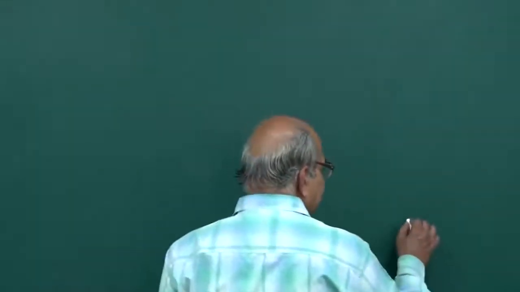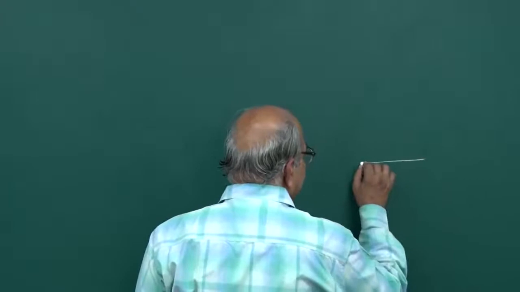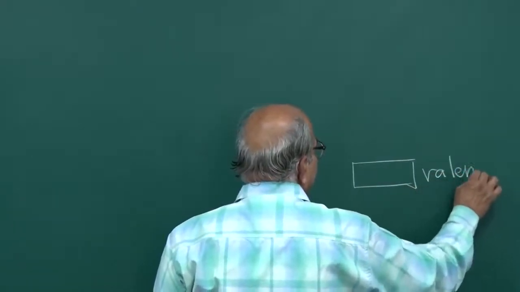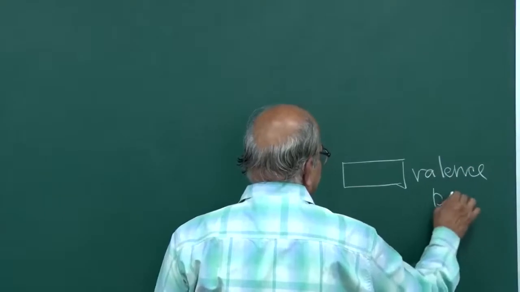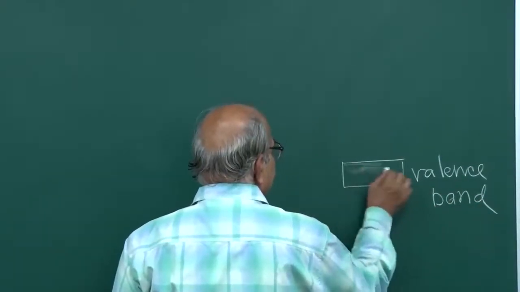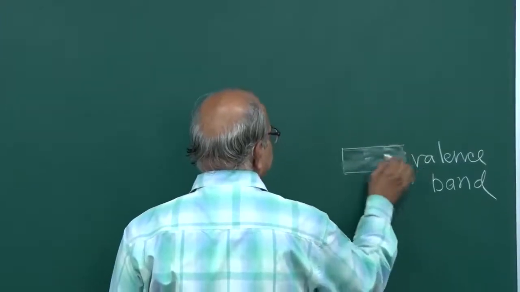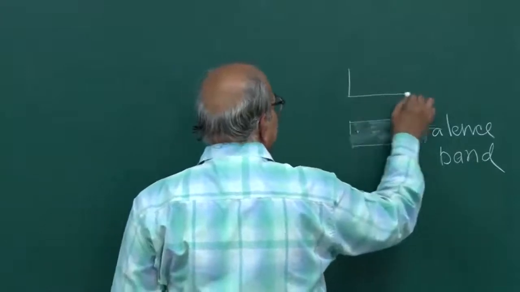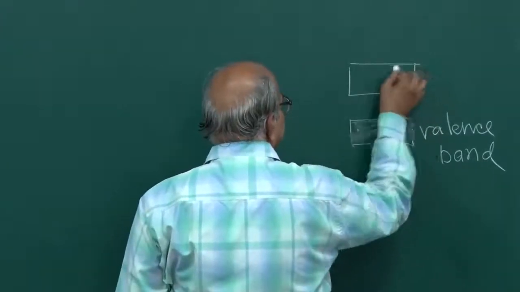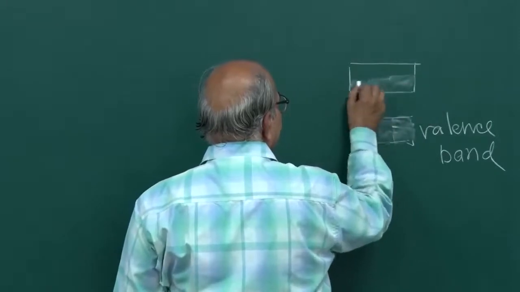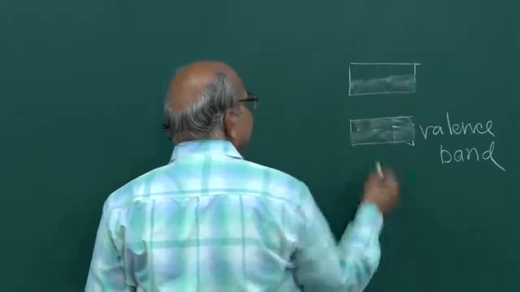So you can have a situation where you have a valence band, and by definition this valence band is completely filled. So this is the valence band, all these states are completely filled. And then you have the conduction band, which is partially filled. So this is one kind of situation, and I remind you, I am talking of low temperatures only.